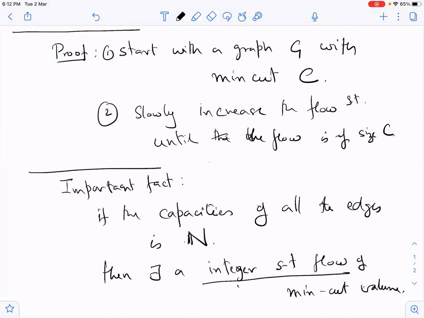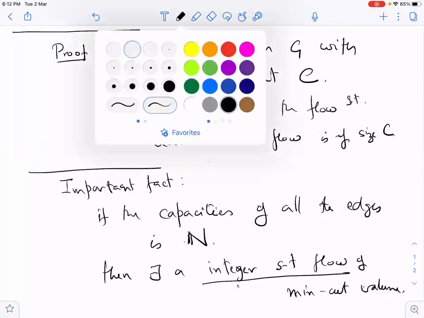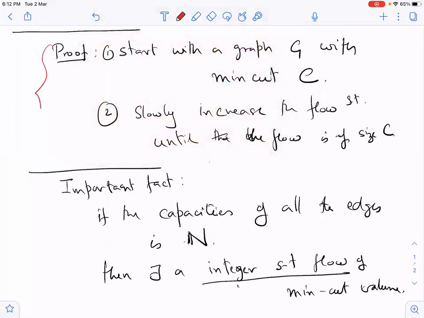Okay. And now, how is this one true? This actually follows from the proof here. Because what happens is that you start with a graph, and note that this graph has integer capacity, which means the min cut is an integer, right?